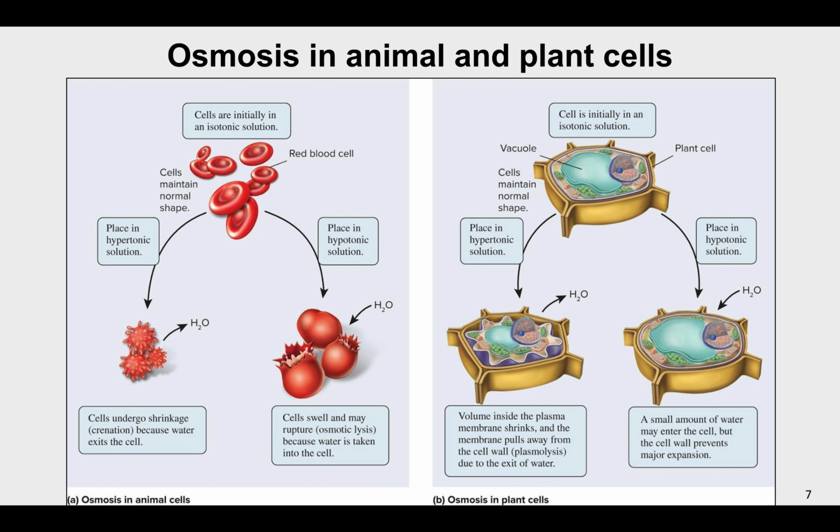The result can be that so much water enters our red blood cells that they burst. The same concepts apply to plant cells. I'm not going to run through this diagram here, but the same would occur. The only reason that plant cells don't burst is because they have this rigid cell wall, and that prevents them from swelling too much.